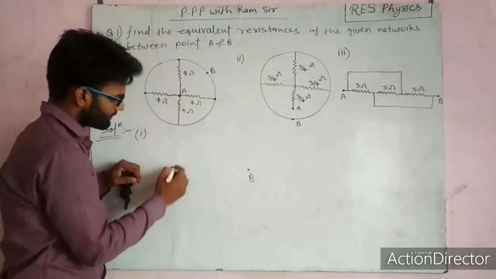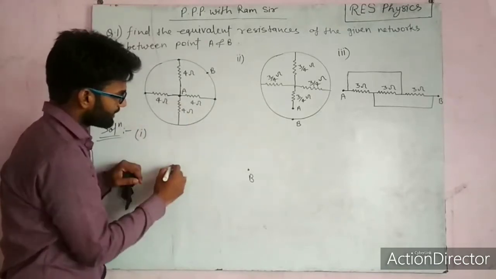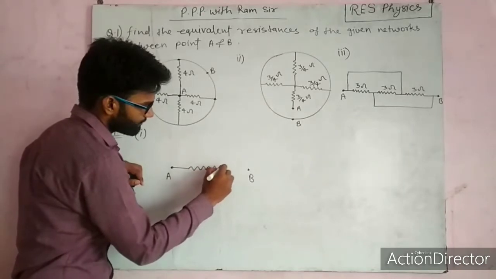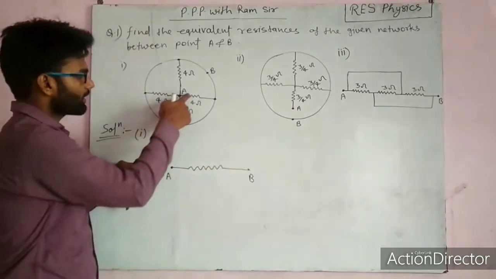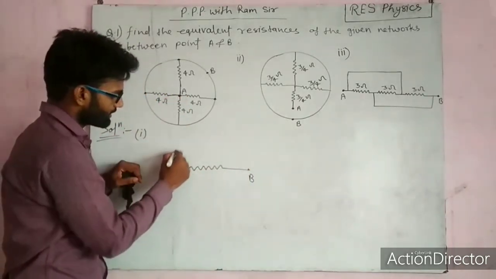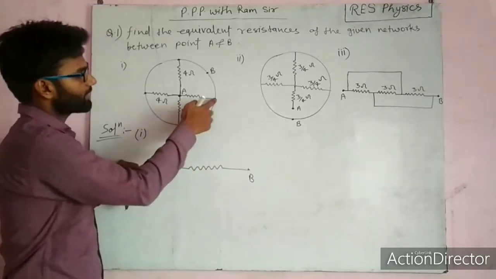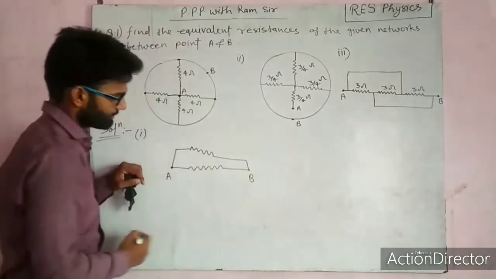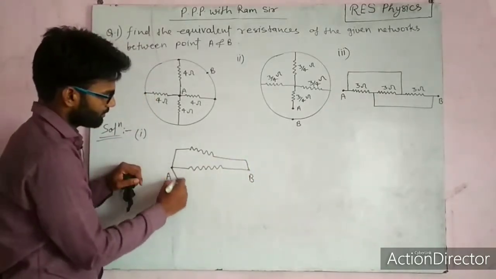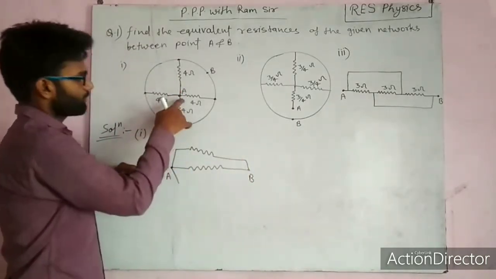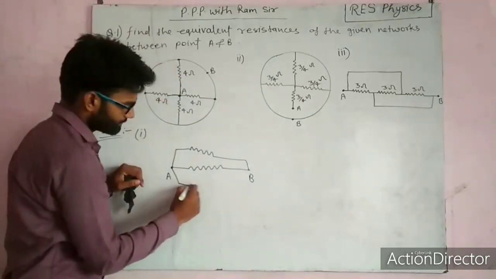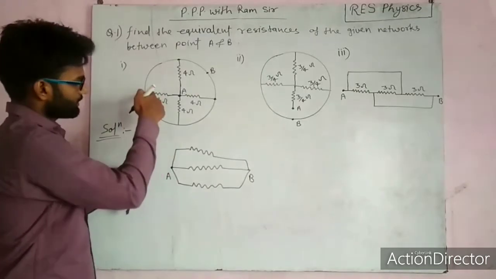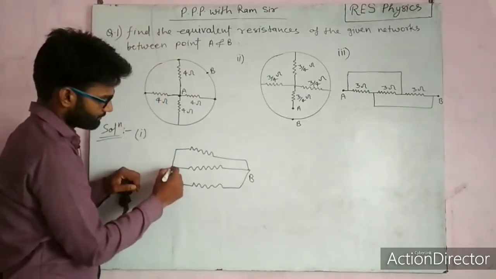So I am taking this resistance. One terminal is connected with A and another terminal is connected with point B, right? Now this resistance, one terminal is connected with A and another one is B, right? Now this point you can take as A, another one as B. This last one also.